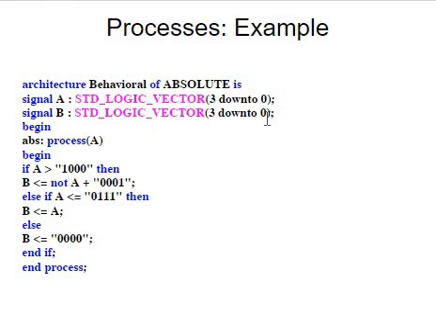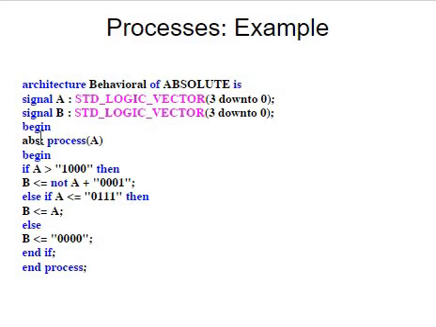Now this 3 down to 0 means that this A variable is a vector type and has 4 bits. 3 down to 0. 2 down to 0 would have meant it has 3 bits, 1 down to 0, 2 bits. And when you want only 1 bit, you don't need to write it as a vector. You will write std_logic only. So we come to know that these A and B are 4-bit data.